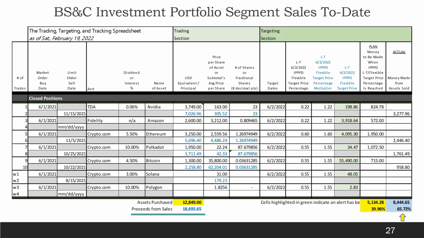The proceeds of the sales to date, $18,693.65, not just the $8,444.65 actual money made, within 10 business days of the settled sale trade, have gone to Crypto.com to earn 10% interest as the stablecoin USD Coin, and or to Gemini.com to earn 9% interest as the stablecoin Gemini USD.